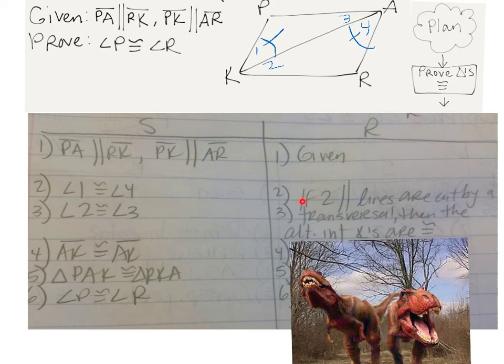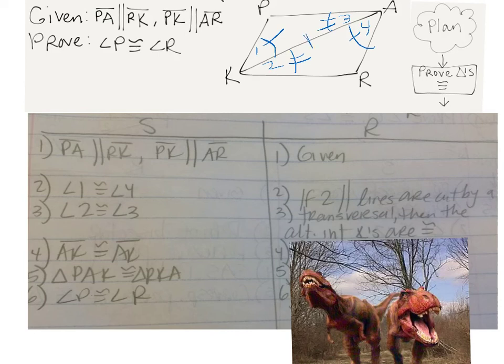I want you to look at what I did here and bring this back to your group. 2 and 3 have the same reason. The same reason that angle 1 is congruent to 4 is the same reason that angle 2 is congruent to 3. So instead of writing it twice, especially since it's really long, I just wrote it once over 2 and 3, and you can do that too.